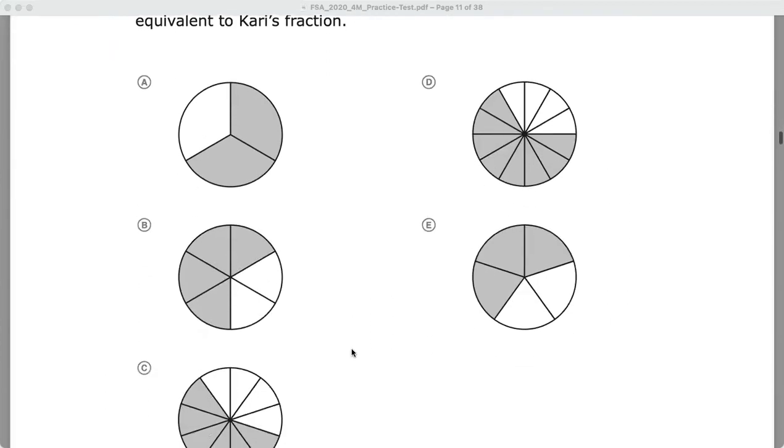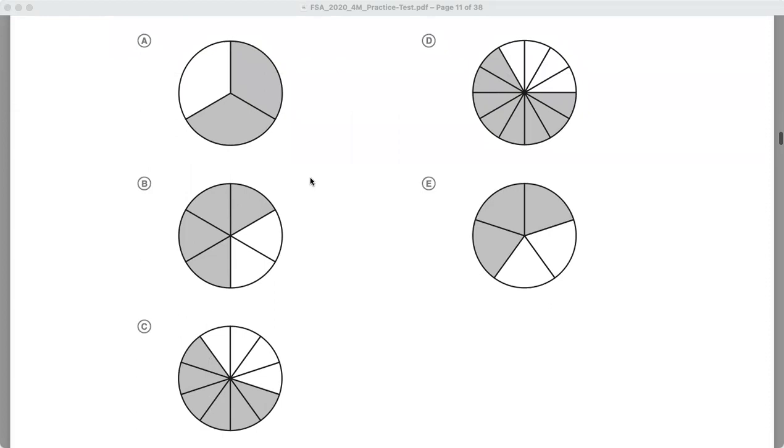So let's scroll down and there's 5 different ones here. So A, this one is definitely 2 parts shaded over 3 total. So A is definitely equivalent. Let's look at B. I guess I should count differently.